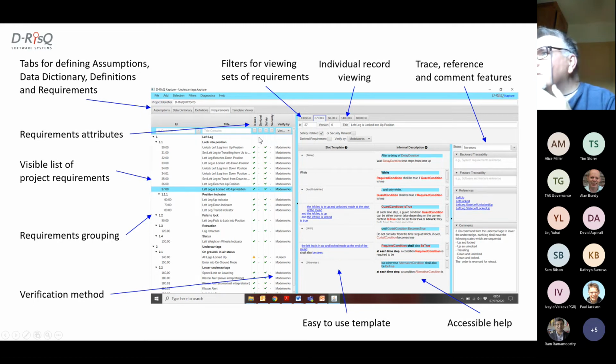You have attributes of it about issues where it's a derived requirement and safety requirements, security requirements, how you might verify it. Of course, we've got ModelWorks here, which I'll talk about, but it could be by review or by test. It doesn't have to be by ModelWorks. And then your project requirements, which are indexed, grouping of requirements, and the verification method. And this is what a template looks like for Capture, which is essentially structured English, which we've evolved through a number of years through direct application development of such software, whether it's in automotive, aerospace, maritime.